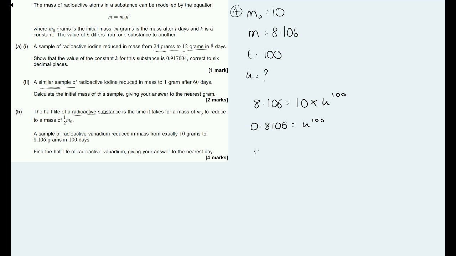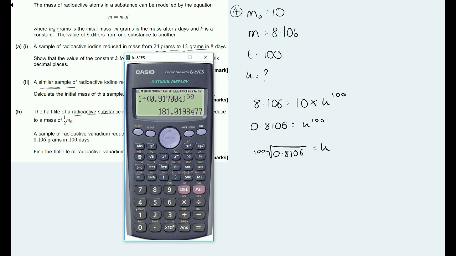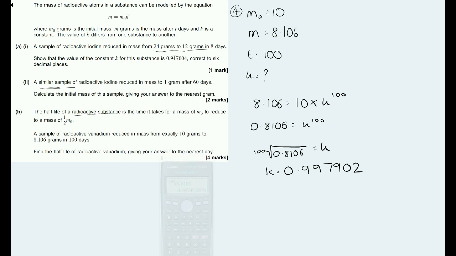Then we take the 100th root of 0.8106 to find the value of k. So our new value of k, so it has changed, is 0.997902. Let's go to 6 decimal places because that's what we did earlier. So that's our value of k.